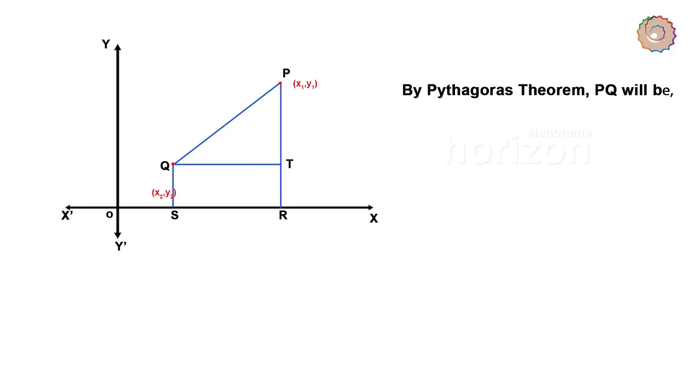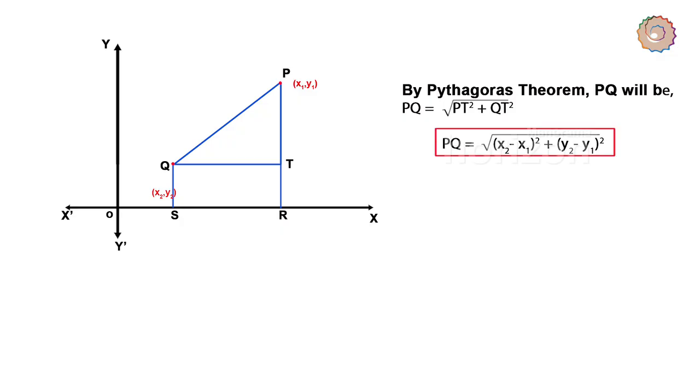So by Pythagoras theorem, PQ equals root of PT square plus QT square. That is, PQ equals root of (x2 minus x1) whole square plus (y2 minus y1) whole square. This formula is called the distance formula.